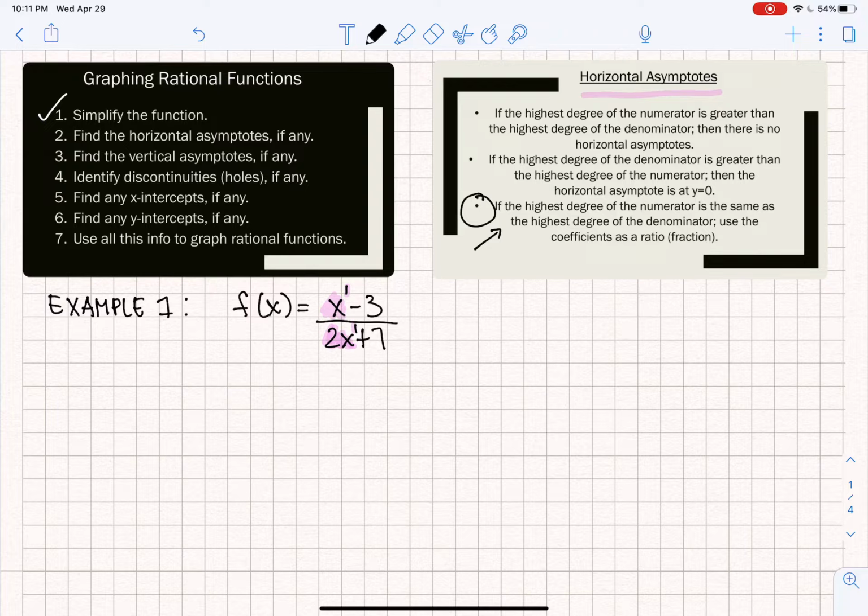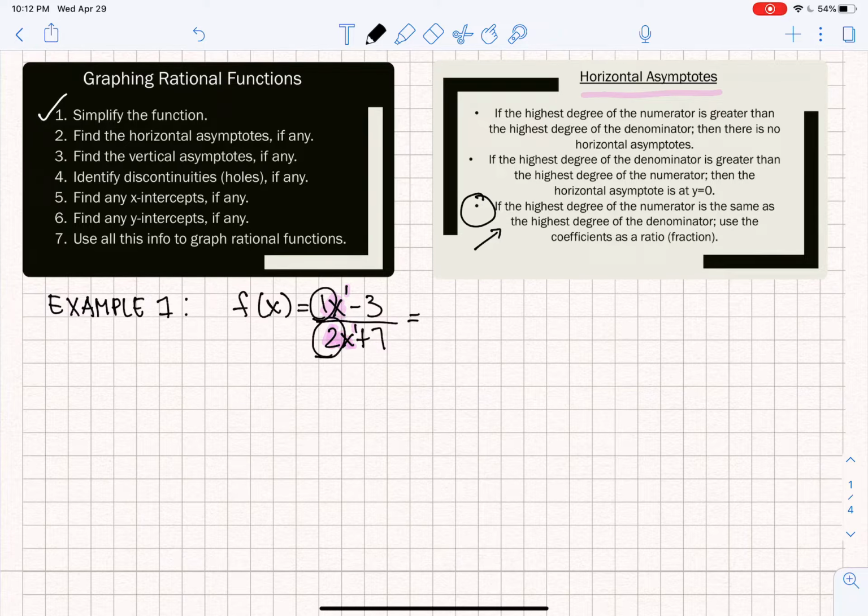So in order to find where the horizontal asymptote is, we just write the coefficients as a ratio. My coefficient here is a 1, my coefficient here is a 2.